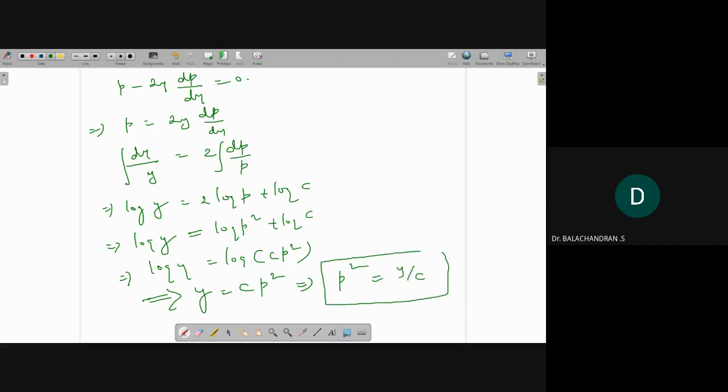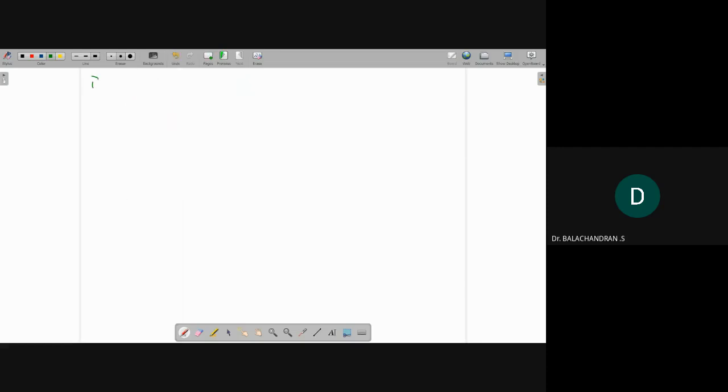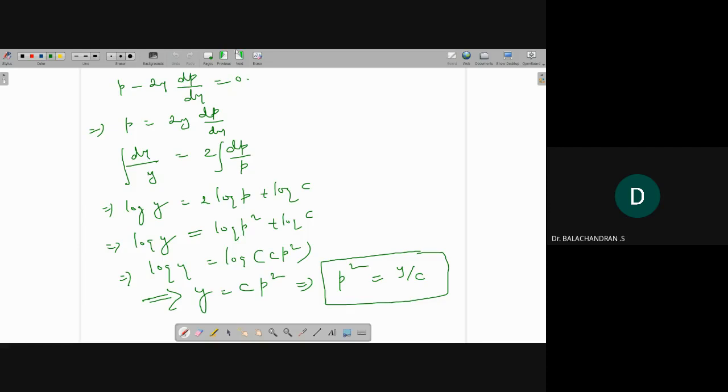So now substitute the value of p square in the given equation 1. So what is 1? Equation 1 is p cube minus 4xyp plus 8y square equal to 0. So we should write this as p square into p minus 4xy into p plus 8y square equal to 0. So p square equal to y by c.